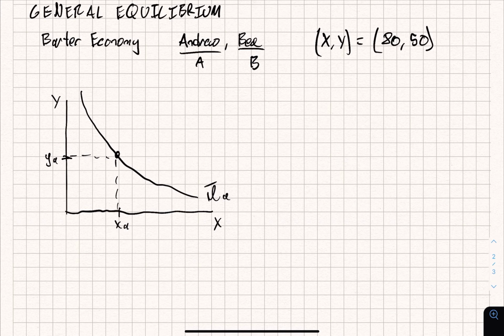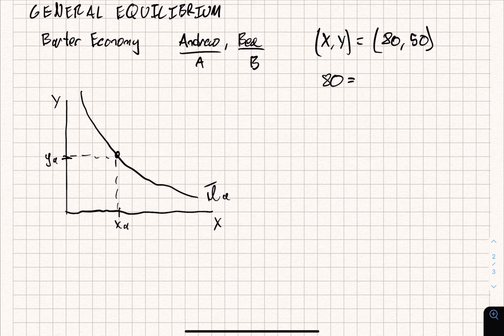So when we think about this problem, we need to consider both Andrew and Bea and their allocations simultaneously. So when we think about good X, we know we have 80.